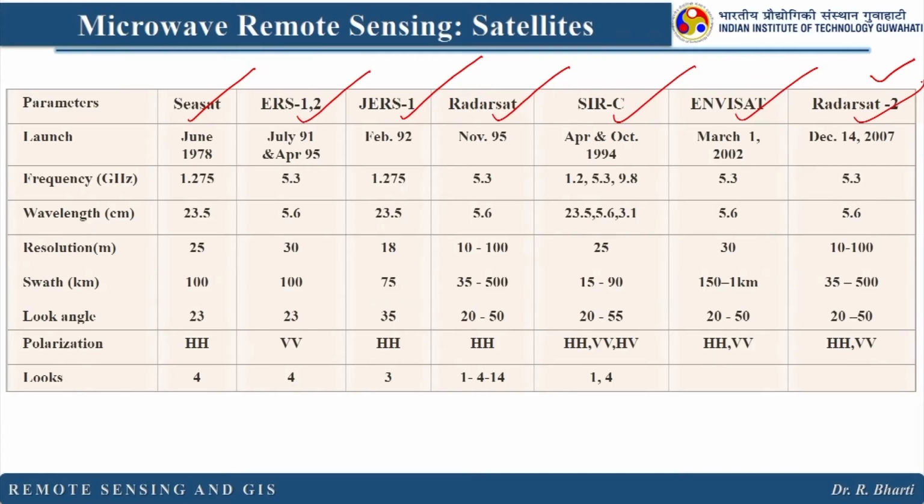These satellites are available in space and the data sets are also available to us. Some of them are paid, some of them are freely available. So, in case you want any of these data sets or maybe the recently launched data sets, you have to contact the space agencies, and if it is freely available you can directly download them. If it is paid, then you have to do the formalities, right.